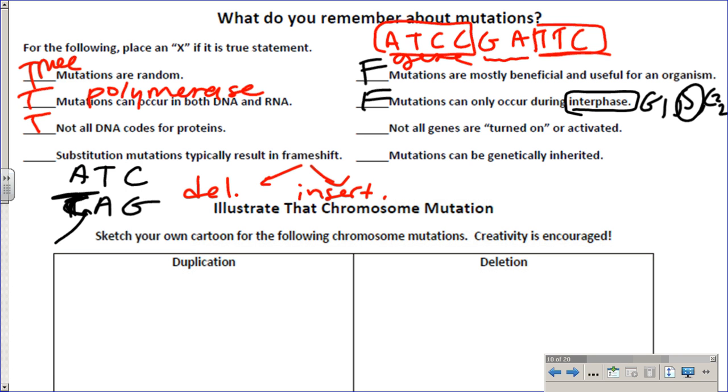Not all genes are turned on or activated. True, false? True, right. Because, for example, what kind of cells would photoreceptor genes be turned on for? Plant cells. What about in the human body? In the eye: photo, light, receptors, something that takes in light. You probably wouldn't have photoreceptor genes turned on in your bladder, right? There's no reason for that. That would be a waste of resources to turn on those genes and express them, like doing transcription and translation.